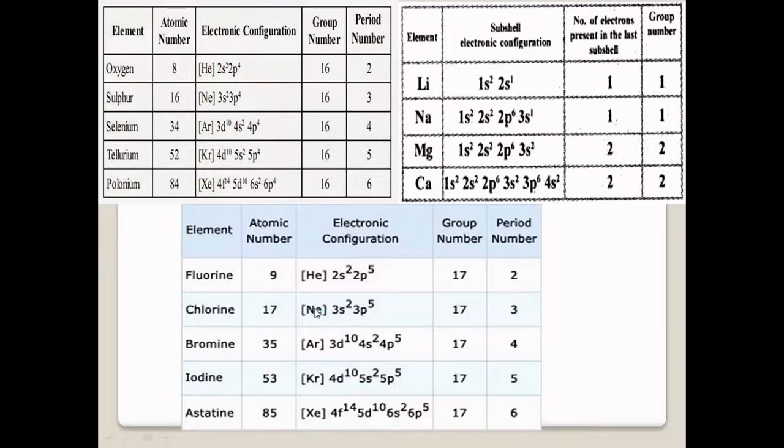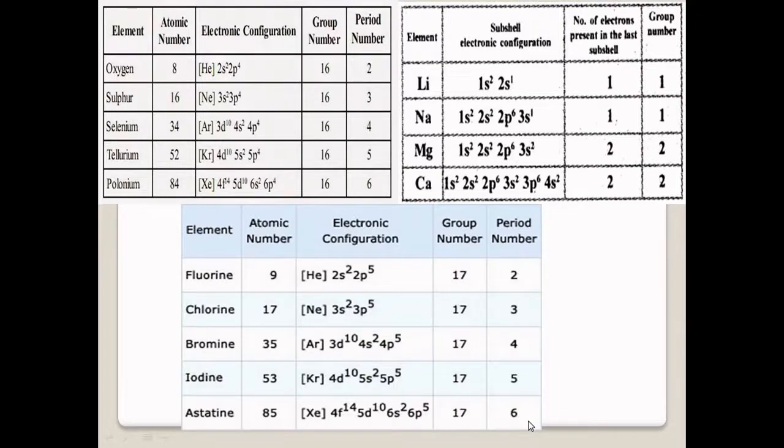For group number 17, that is 9, 17, 35, 53, 85, fluorine, chlorine, bromine, iodine and astatine, they have 7 electrons. The electron configuration is helium 2s2 2p5 for 9, neon 10 for neon, and what about chlorine? Neon's 10 plus 7 remaining, that is 3s2 3p5. So these all consist of group 17 and the period changes: second, third, fourth, fifth and sixth period.